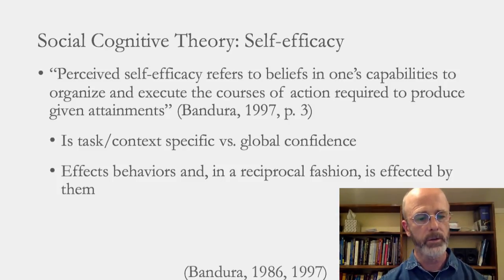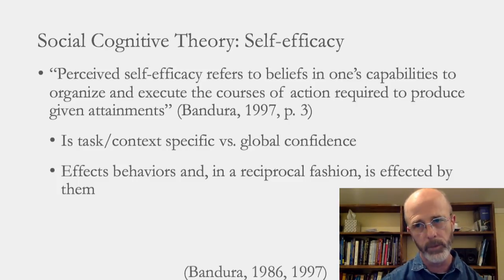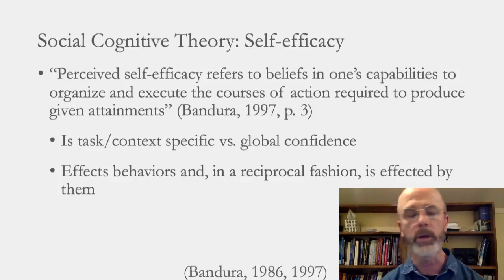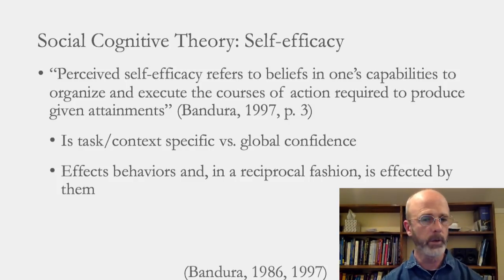When we look at people writing about making use of social cognitive theory in rehab and healthcare in general, the focus is almost solely on self-efficacy, and actually Bandura has kind of a mini theory inside of social cognitive theory called self-efficacy theory.